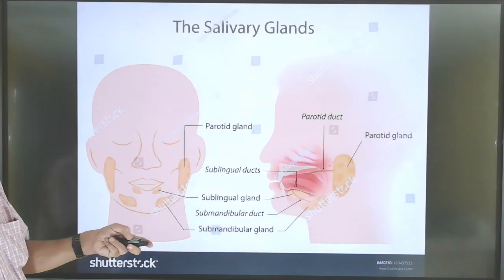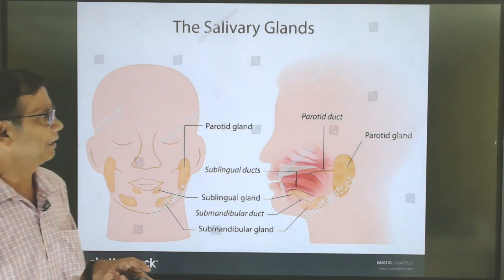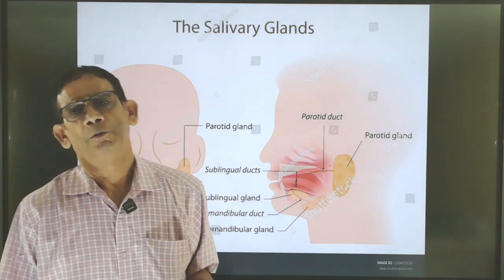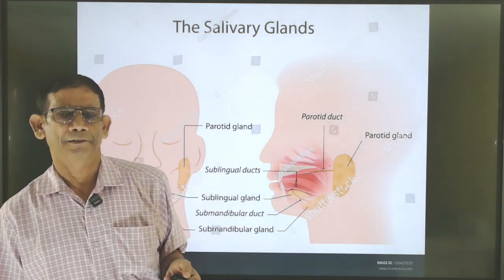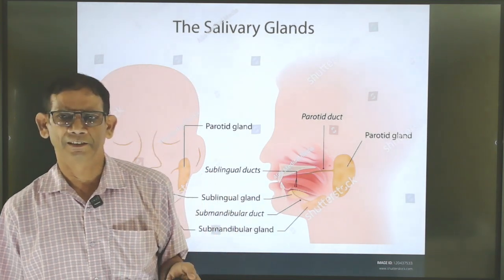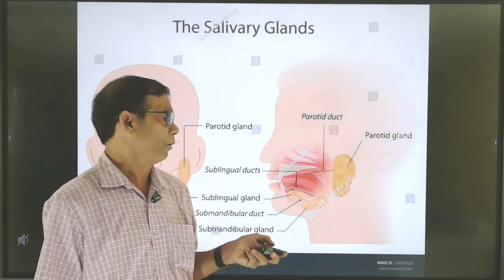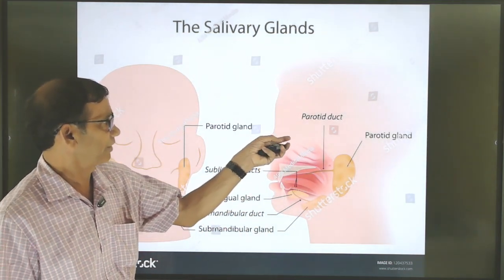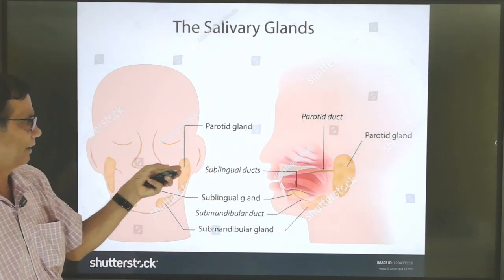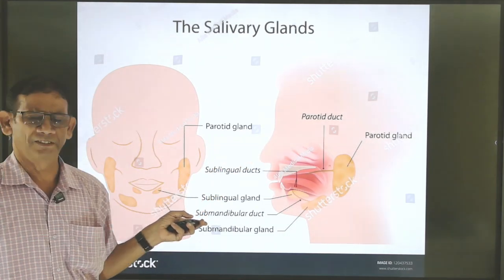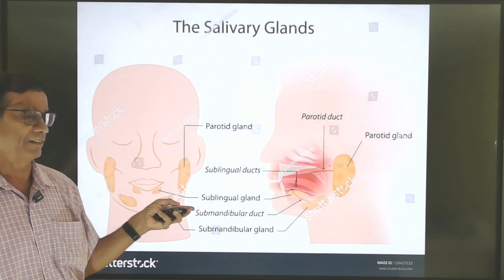So, next, what are the salivary glands present in our body? There are 3 major pairs of salivary glands present in our mouth: the parotid gland, the submaxillary or submandibular gland, and the sublingual gland.